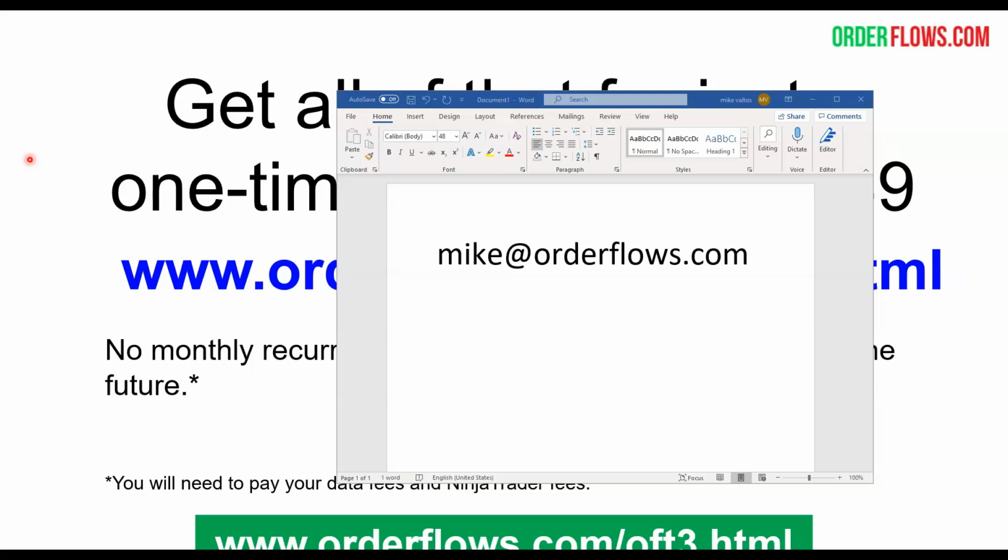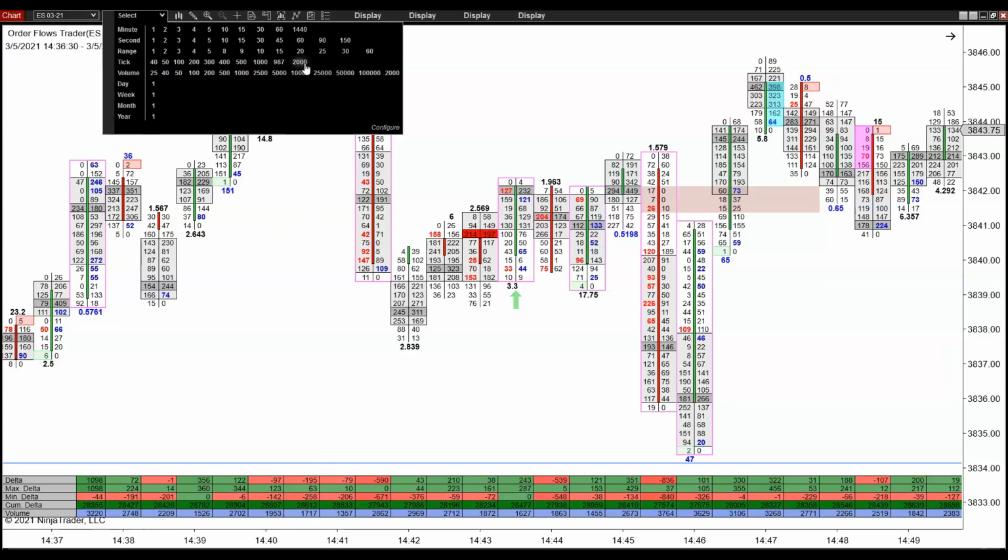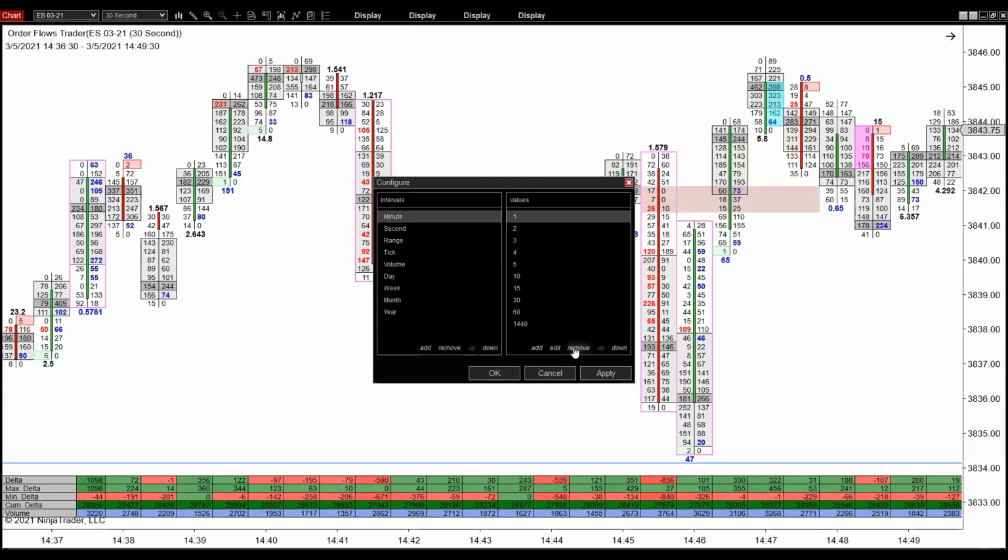Joe asks, can you show the S1 chart? Was that an exhaustion on a 4,000 volume chart? Well, let me see. I don't think I got 4,000 volume here. Let me add it here real quick.